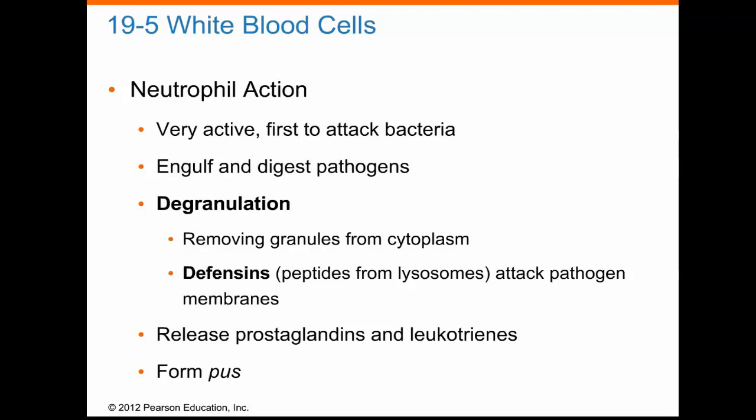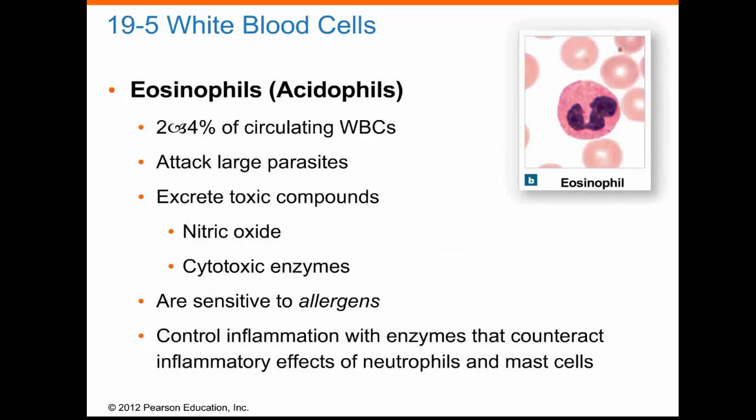When neutrophils die, they form what we know as pus, which is that yellow-green or brown-green liquid, the death of the neutrophils.